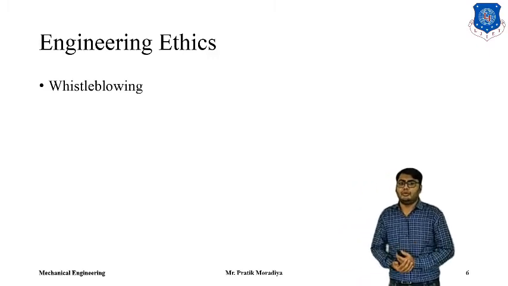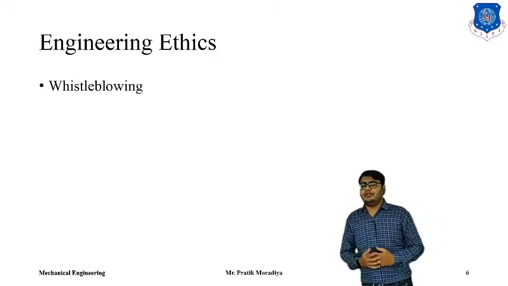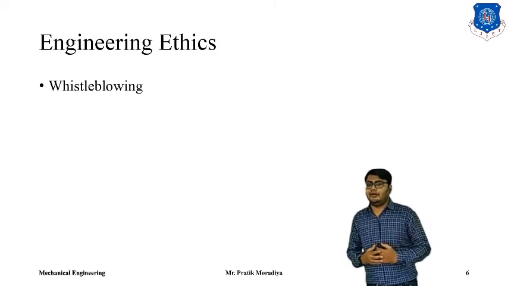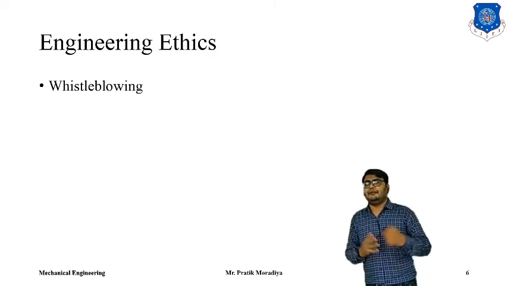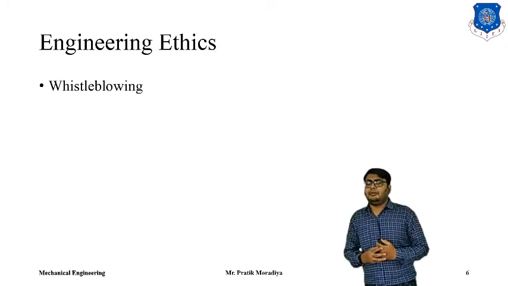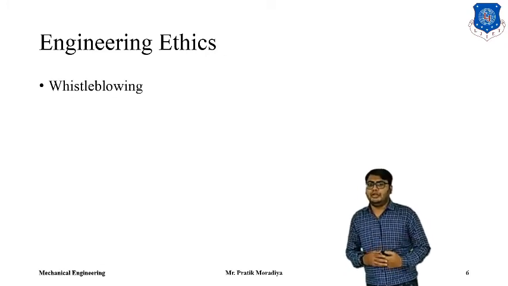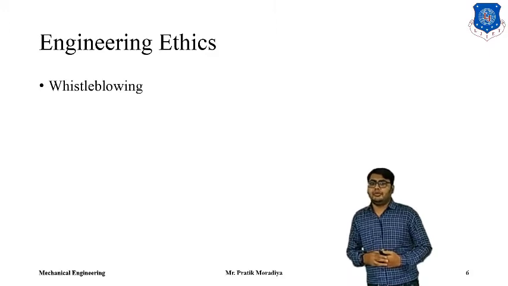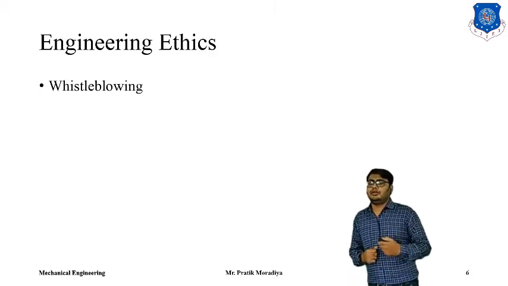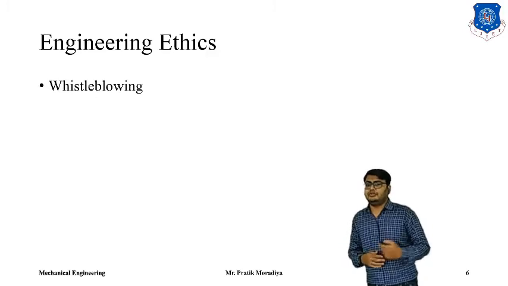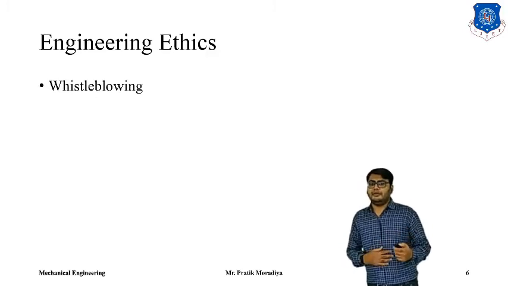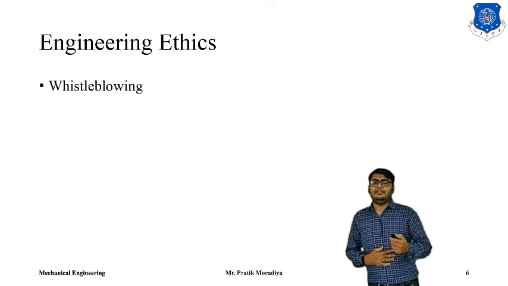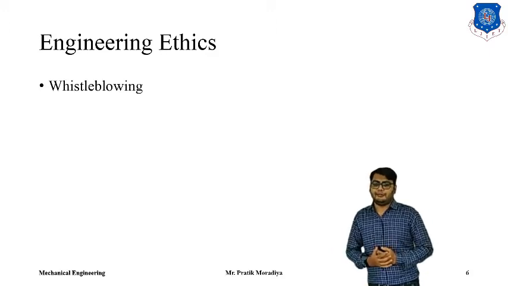The first one is whistleblowing. If you are working in a very large, for example, some very big company, and you come across some unethical practice which the company is doing, then what should you do? You should report these unethical practices to the authority, because it is your duty as an engineer to follow ethical practice such that people should not get harmed.